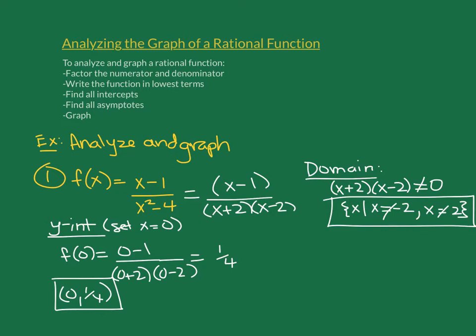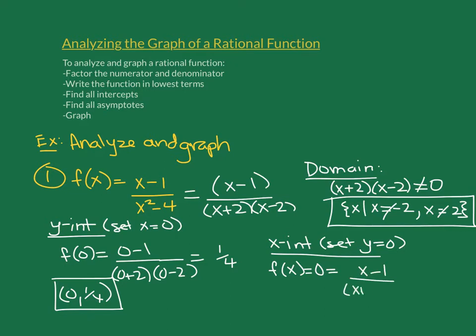My x-intercept actually looks a lot harder than it is. Remember, for the x-intercept, you set y equal to 0, or f of x equals 0, if you want to think of it that way. So I'm going to set x minus 1 over x plus 2, x minus 2 equal to 0. This looks complicated, but if the numerator of a fraction equals 0, the entire fraction is going to equal 0.